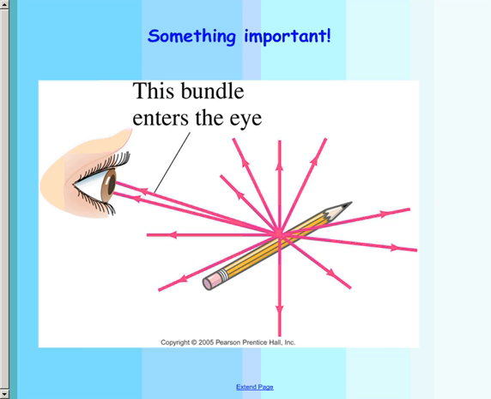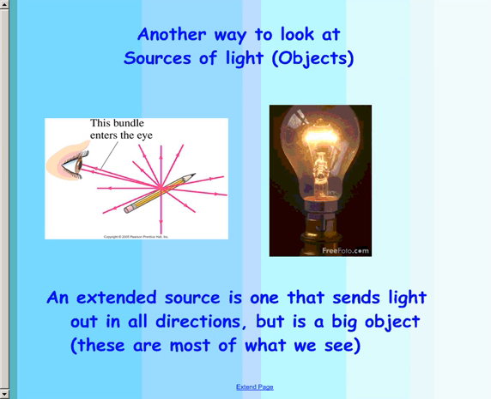Sorry, I skipped one, so I'm going to move back up one. There we are. The fourth kind of object is called an extended object, an extended source. So it sends light out in all directions like a little point source, but it's a big object.